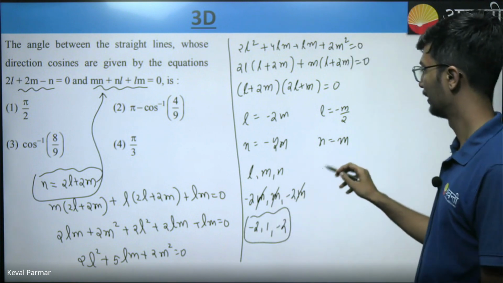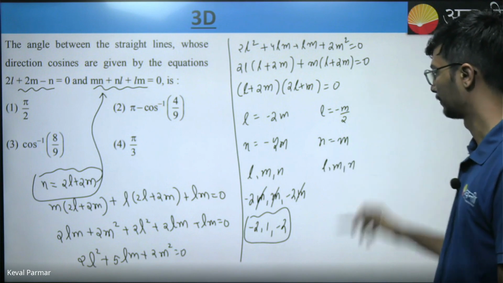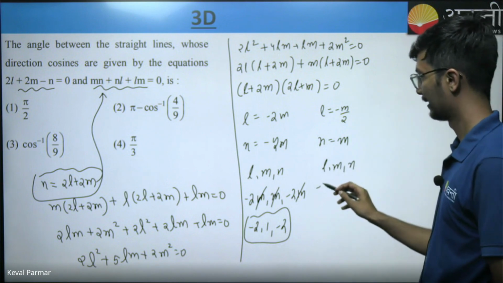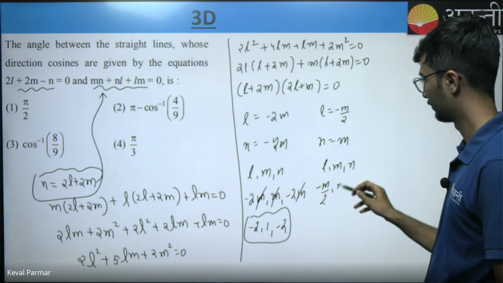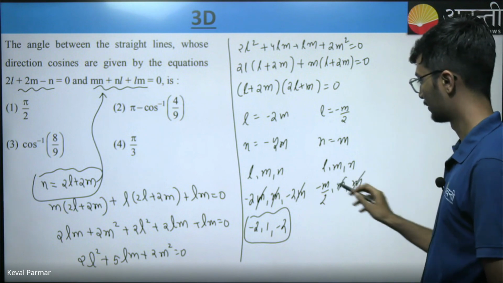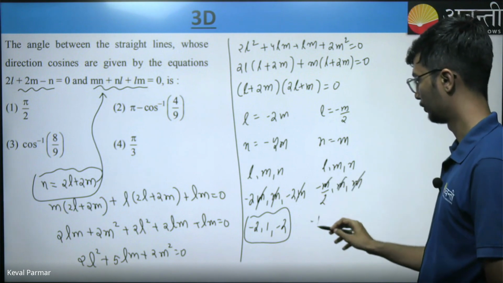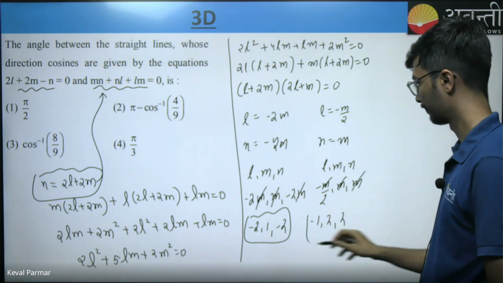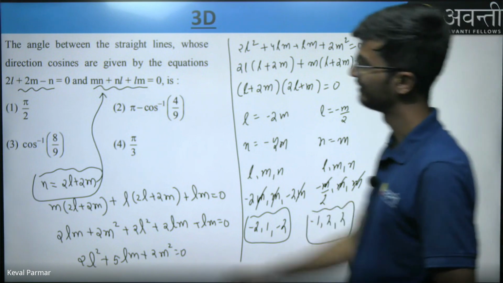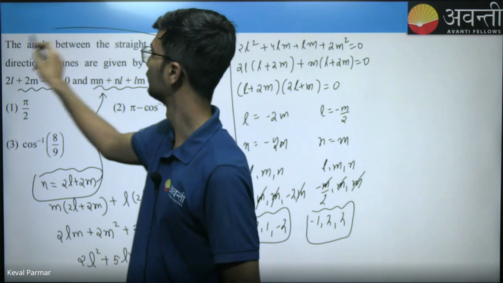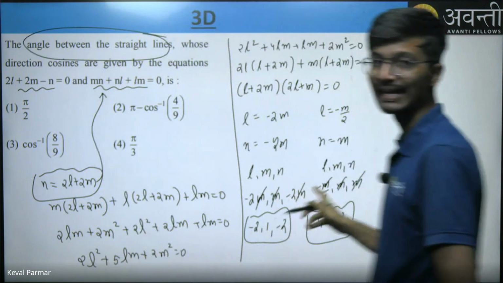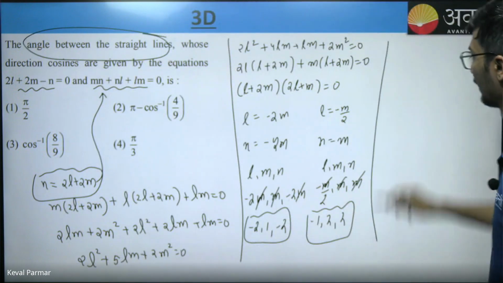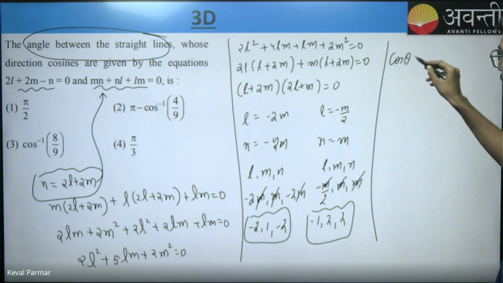Same here we can do L, M, N. So L is minus M by 2, M is M, N is M. Can cancel out. So minus 1 by 2, we will multiply by 2. So minus 1, 2 and 2. We want to find the angle. These are the direction ratios. How to find the angle? We use cos theta.